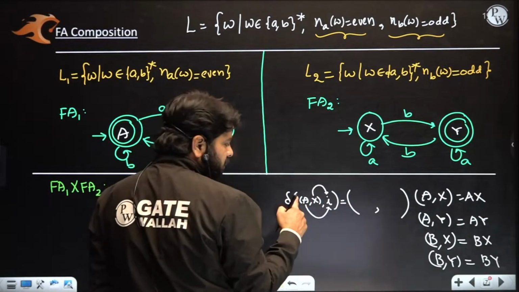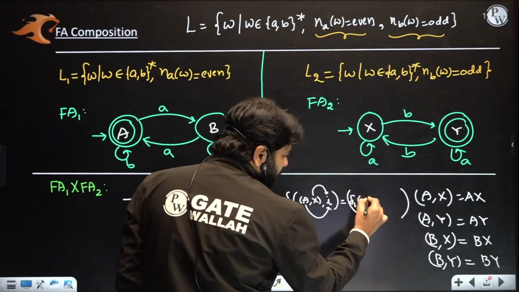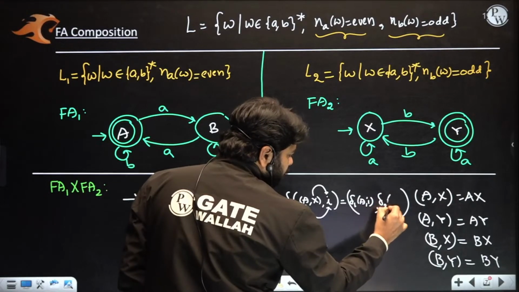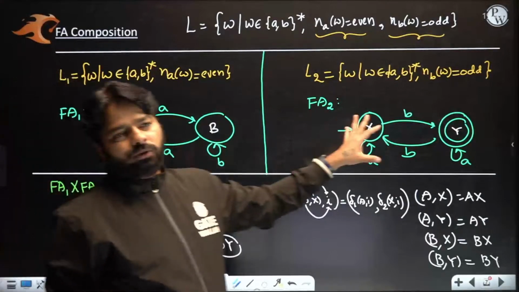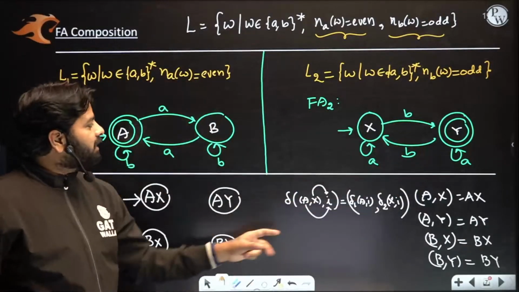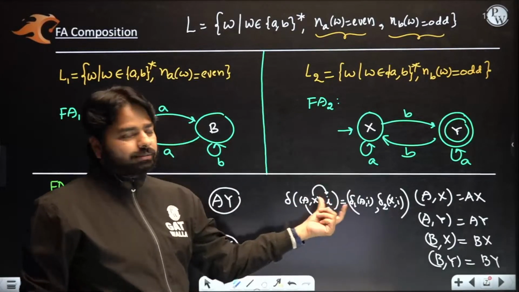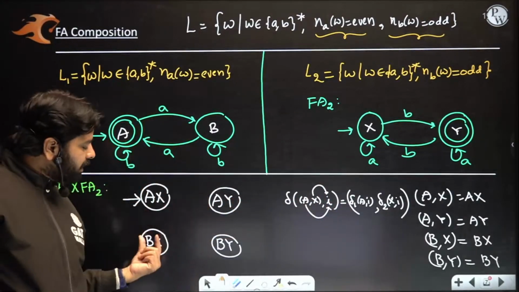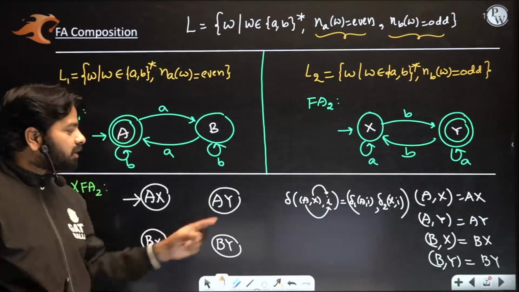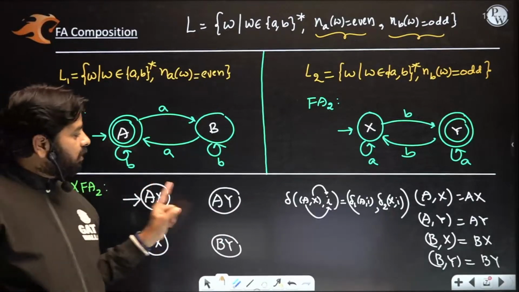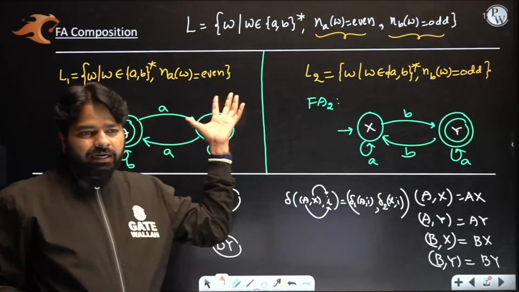One on a comma I, that's delta 1, the first machine, and the second is delta 2, that's x comma I. So here you look at a comma I, here you look into x comma I. Now the I is either a or b. So for every input you are going to apply the same concept. For each state, a comma b: 2, 2, 2, 2. In total 8 times you are going to compute the delta, because for every pair and every input, you want to design a DFA, right?